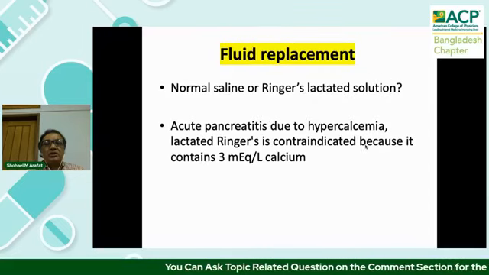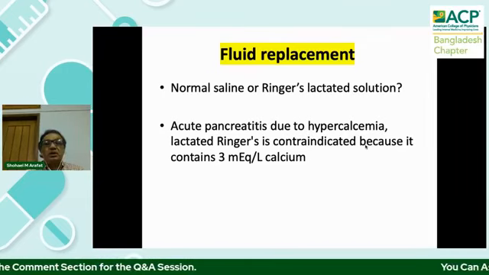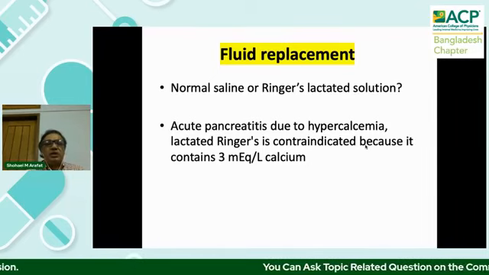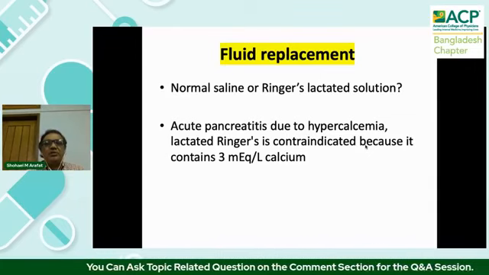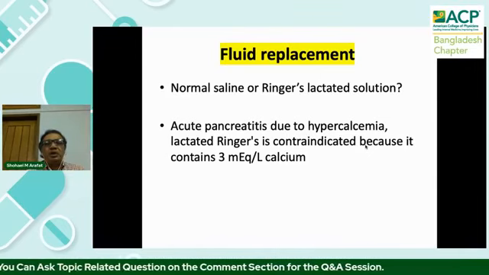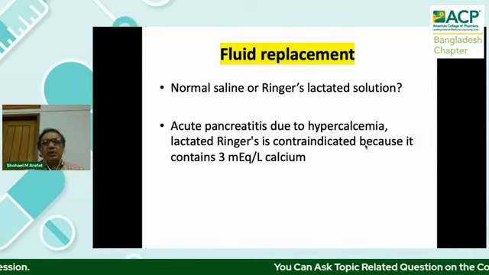But among the crystalloid solutions, which one is our choice? There is normal saline or Ringer's lactate solution. There is a little controversy, but Ringer's lactate is a little superior to normal saline because some studies say that Ringer's lactate directly reduces the inflammation of the pancreas and might even reduce the level of CRP, though there are other contradictory reports that say there might be no difference.